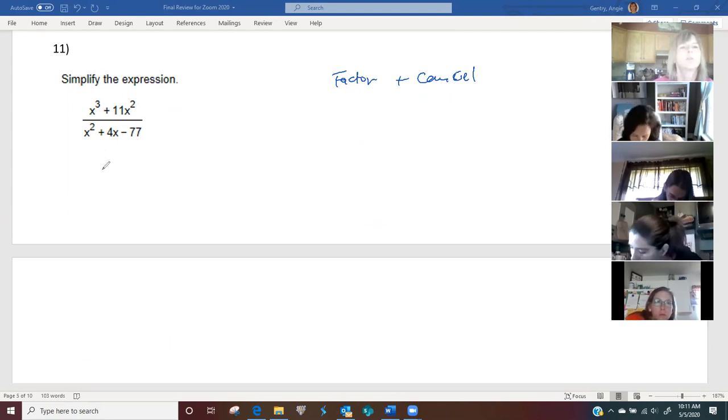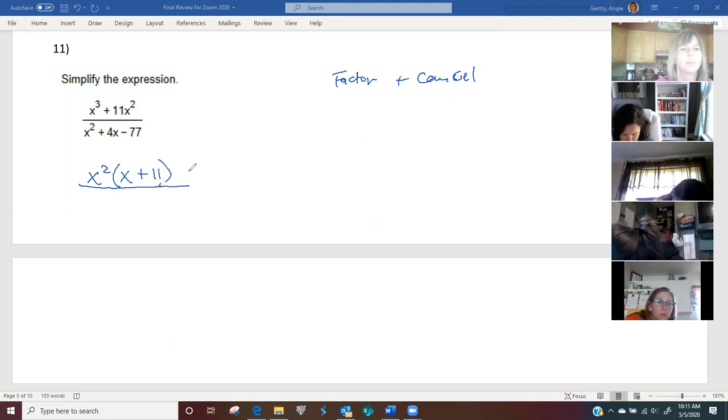So we're going to factor the numerator. I say factor, you say greatest common factor. Is there one? Oh, they both have an x squared. X squared times what is x cubed? X. X squared times what is 11? X squared is 11.